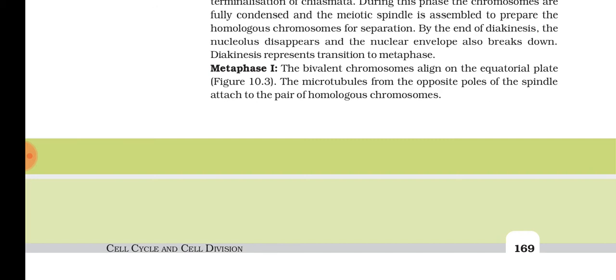In metaphase 1 also the chromosomes will be arranged in the equatorial plane. Here the difference is that the microtubules from the opposite poles of the spindle attach to the pair of homologous chromosomes.